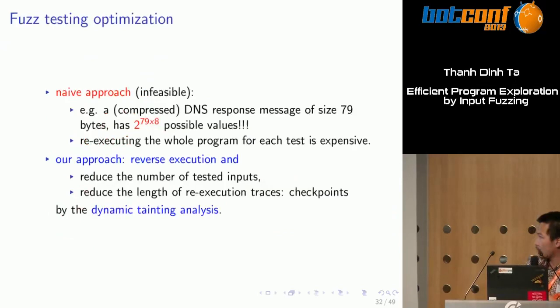For the implementation, the naive approach is fuzz testing. Everyone knows that it cannot work because the number of tests is very big, and the cost of re-executing the program is very expensive. In our approach we use reverse execution, and we try to reduce the number of test inputs and reduce the size of the re-executed tests. For all of that we use dynamic taint analysis.